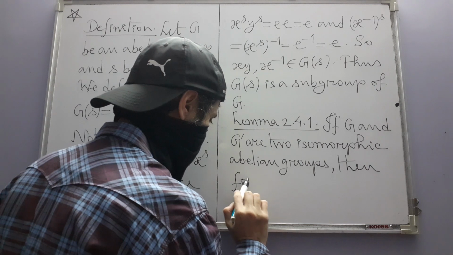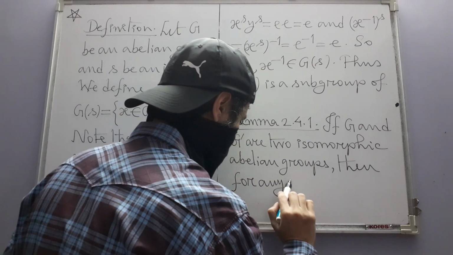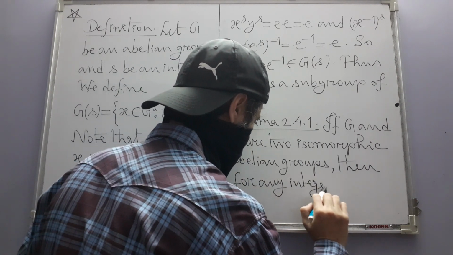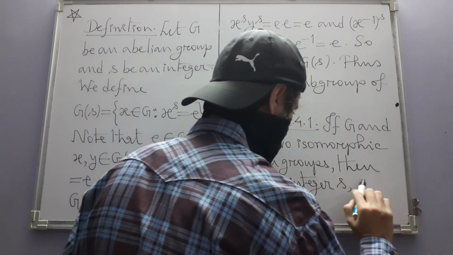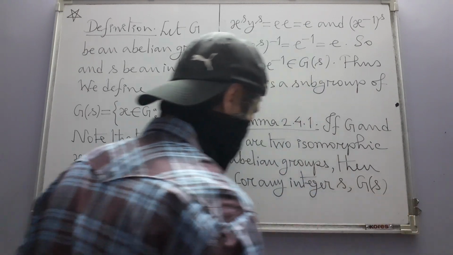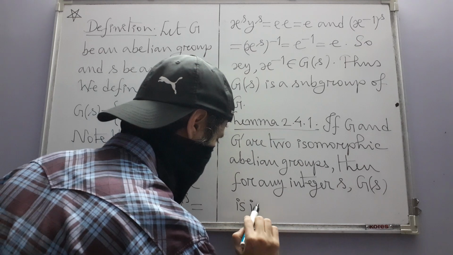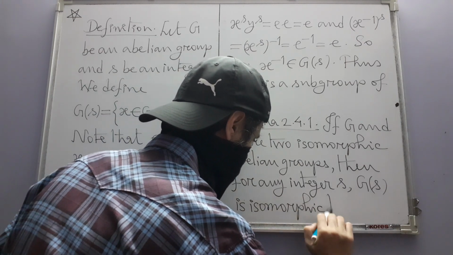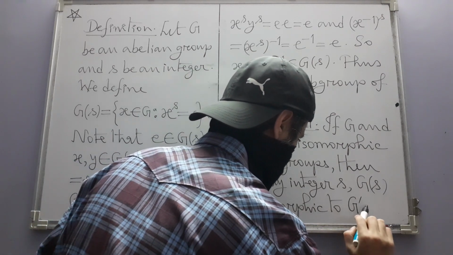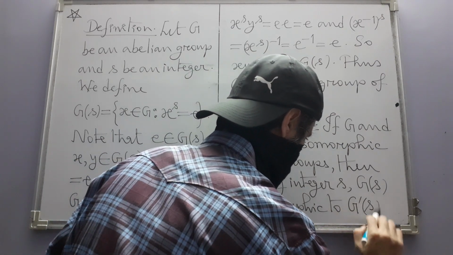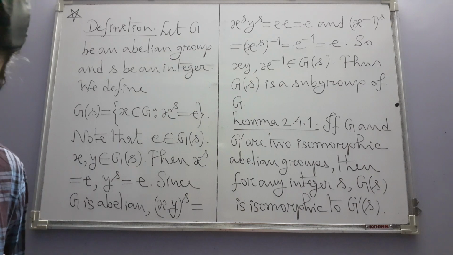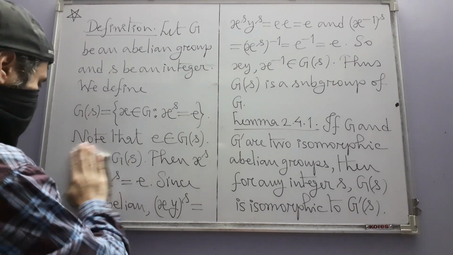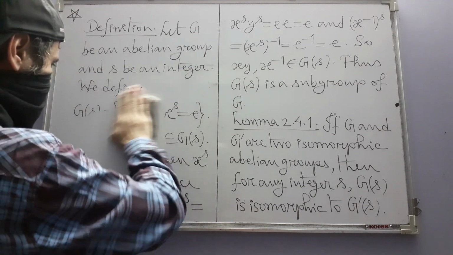So if G and G prime are two isomorphic abelian groups, then for any integer s, G_s is isomorphic to G prime_s. The statement is very natural.